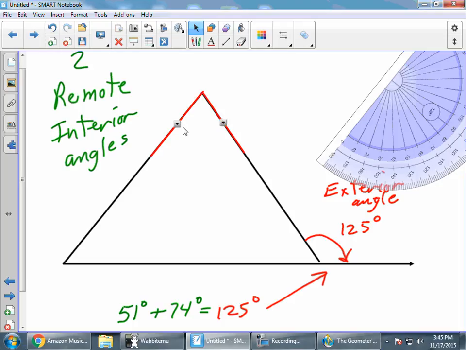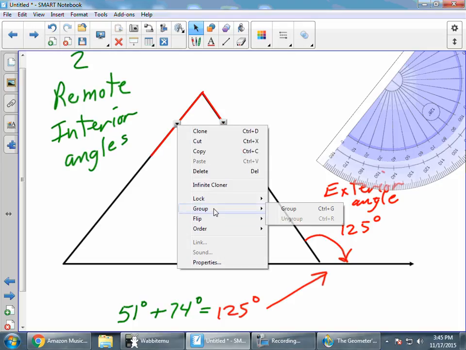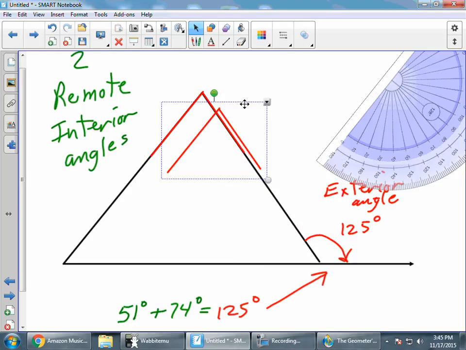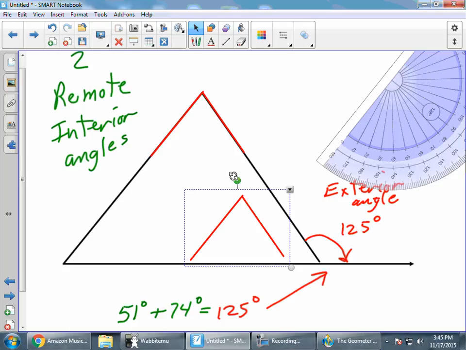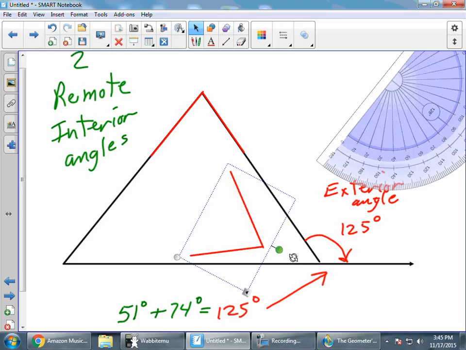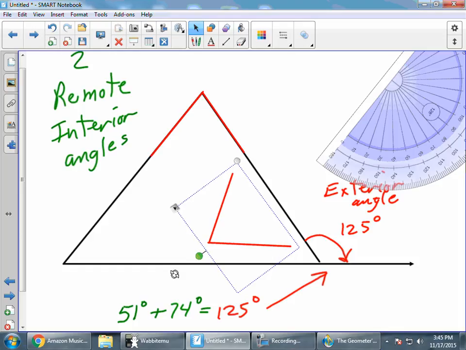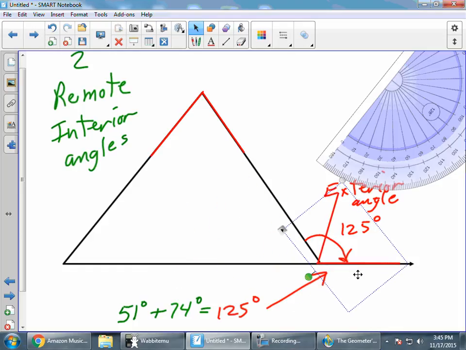Going to group it. Group it. Going to clone it. Okay, so I'm going to rotate this around. And I'm going to bring it into this remote exterior angle. See what I'm doing?